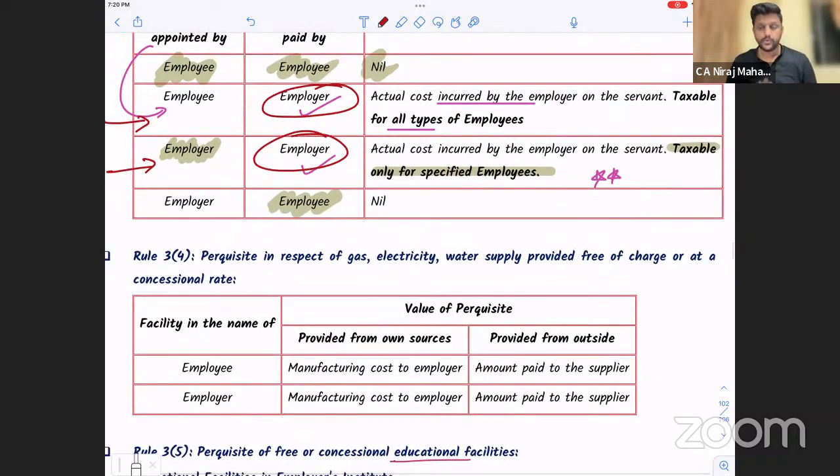So what is the value of the perquisite in both the cases? The actual cost incurred by the employer. But if the servant is appointed by the employer and paid by the employer, it is taxable only for specified employees. There are three types of perquisites: not taxable, fully taxable irrespective of the type of employee, and taxable only in the hands of specified employees.